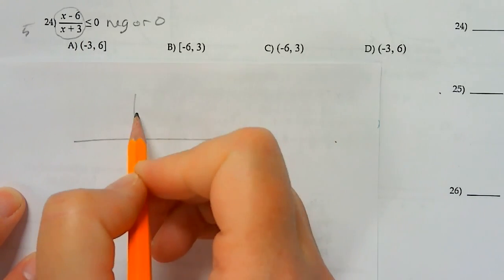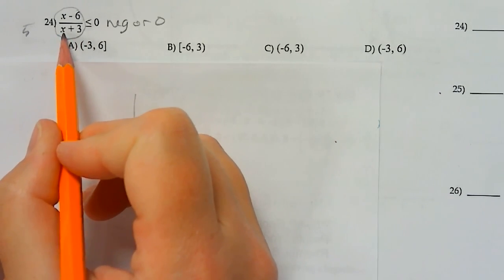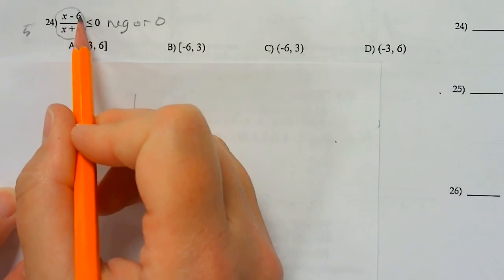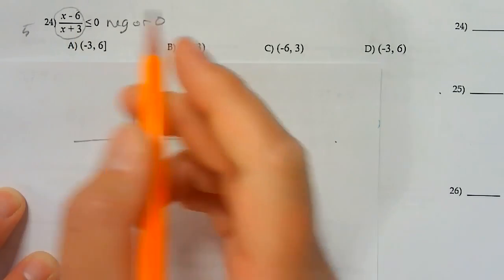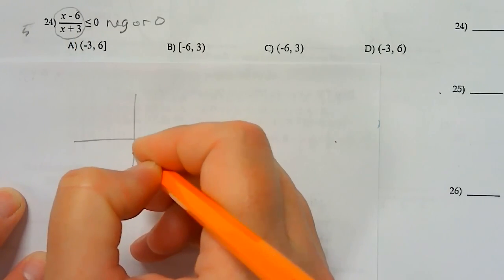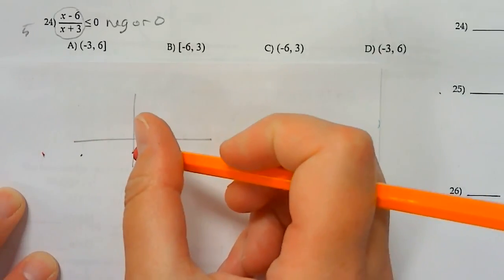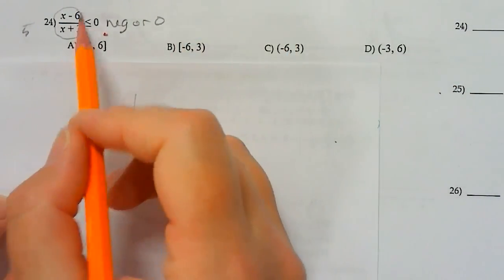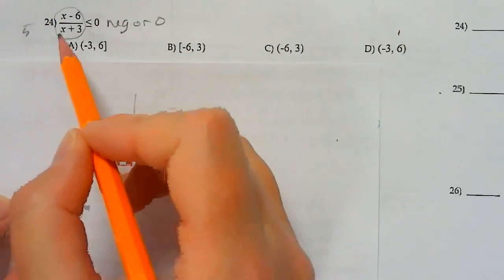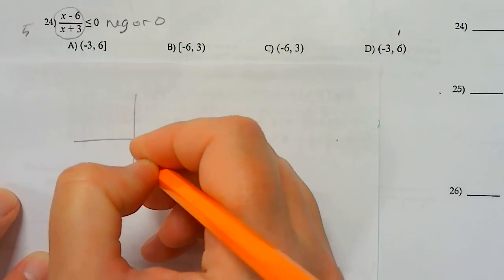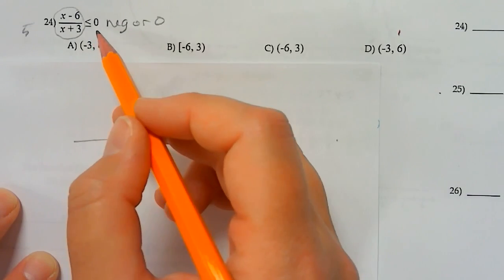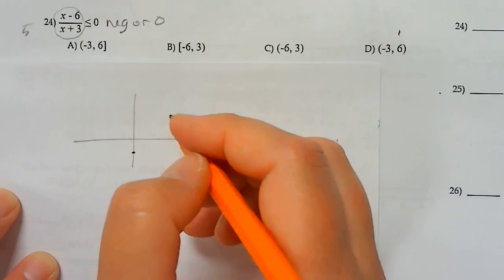I can find the y-intercept by setting x equal to 0, and then I have -6 over 3, which is -2. So I'm intercepting down here. When x is 0, y is -2. So I'm good.